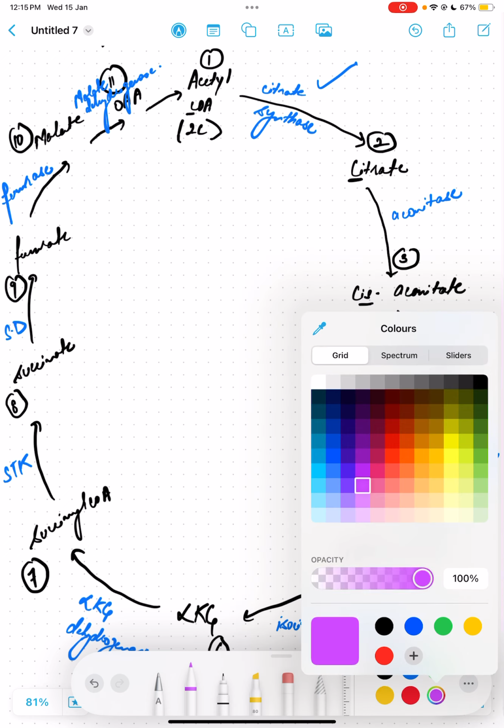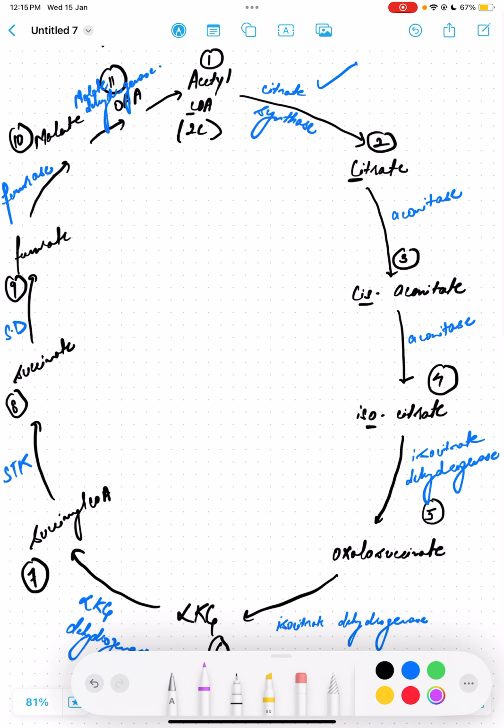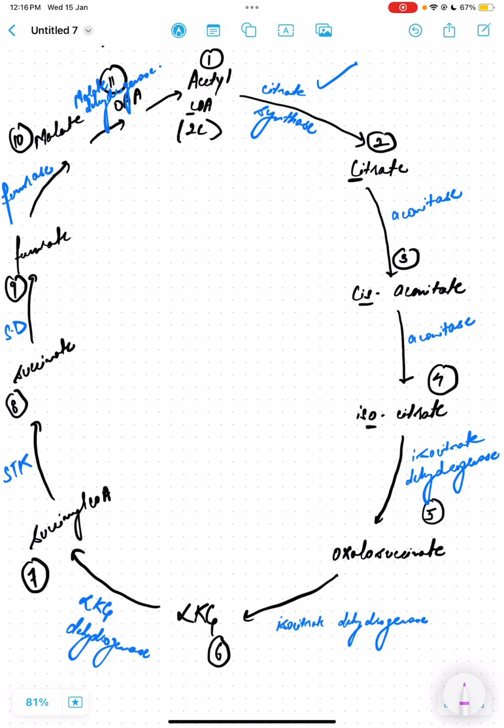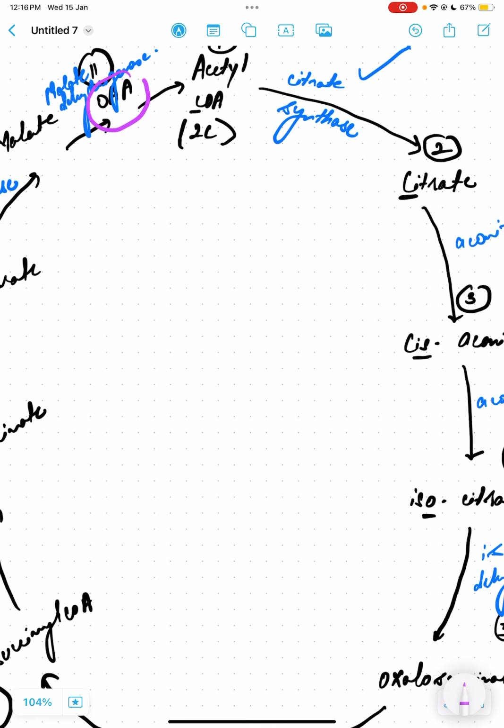Next, importantly, we are going to discuss some important things in this. Let me change the pencil color. You should remember that this oxaloacetic acid is basically the first product that is used in the citric acid cycle.